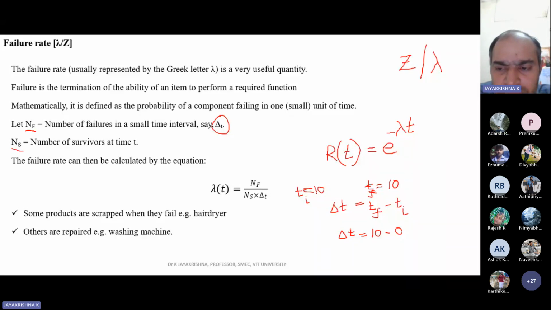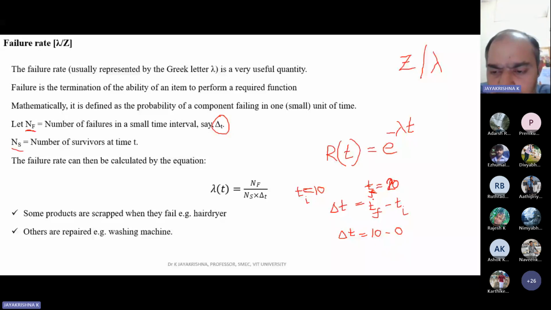What will be the t f value? Just understand. What will be the t f value? 20, sir. t f value will be 20 because it is the second test.